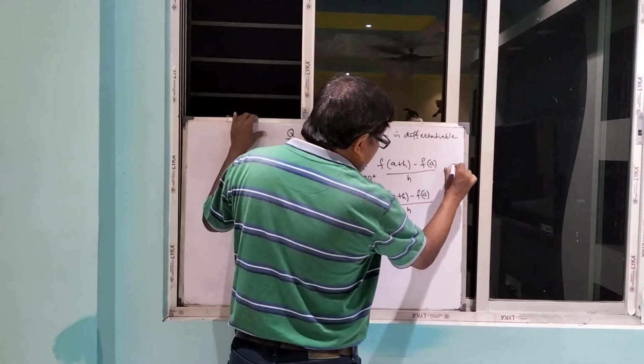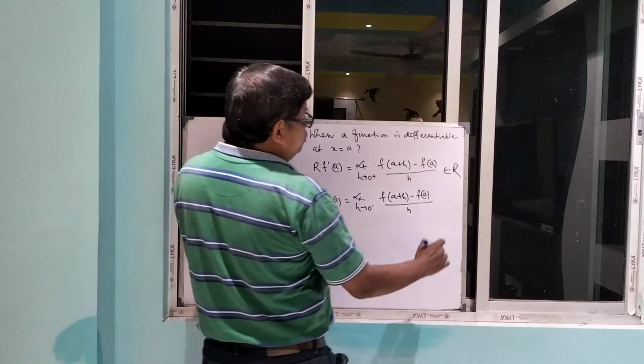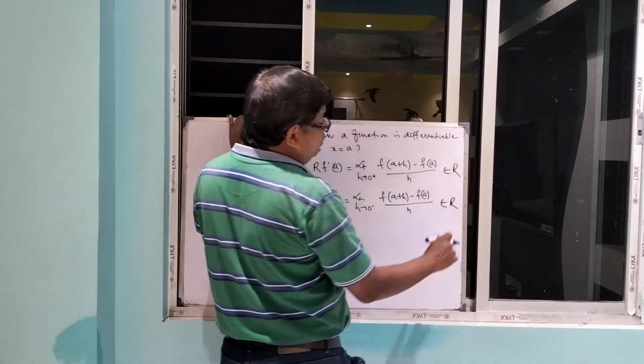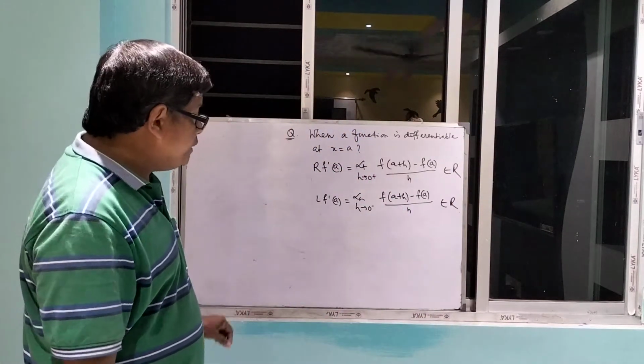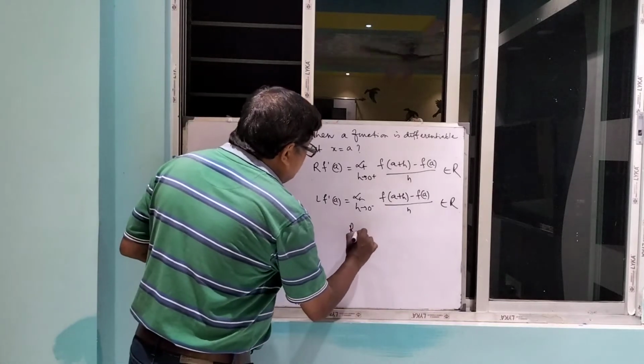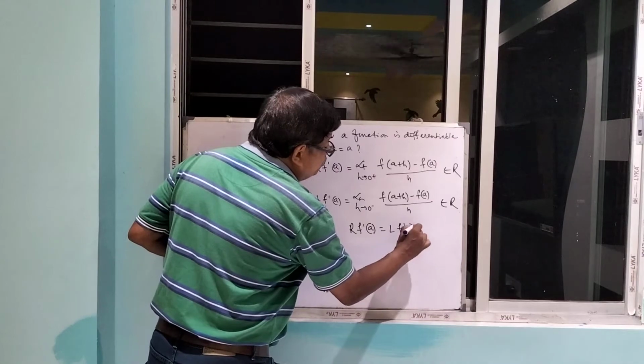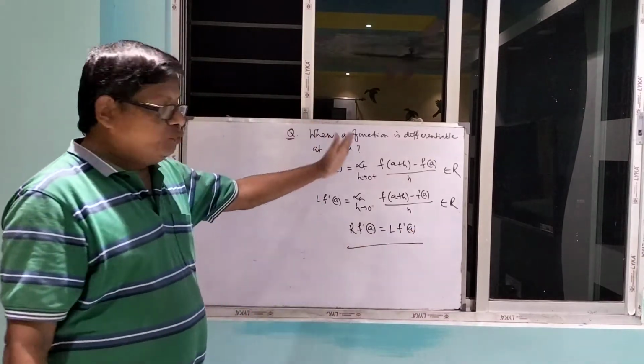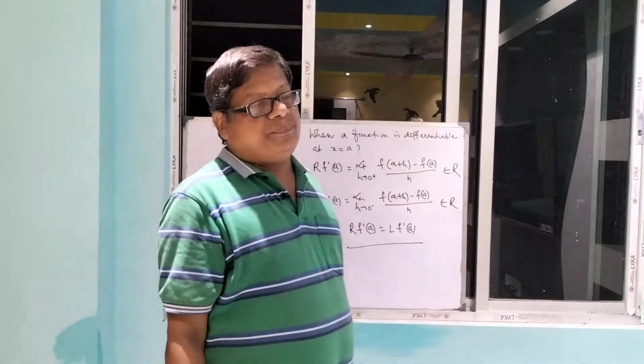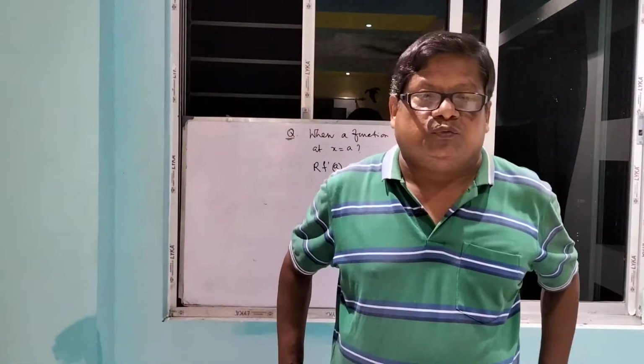Both belong to a finite real value, and both are equal. Keep in mind, R f dash a equals L f dash a, both equal and both having real value.